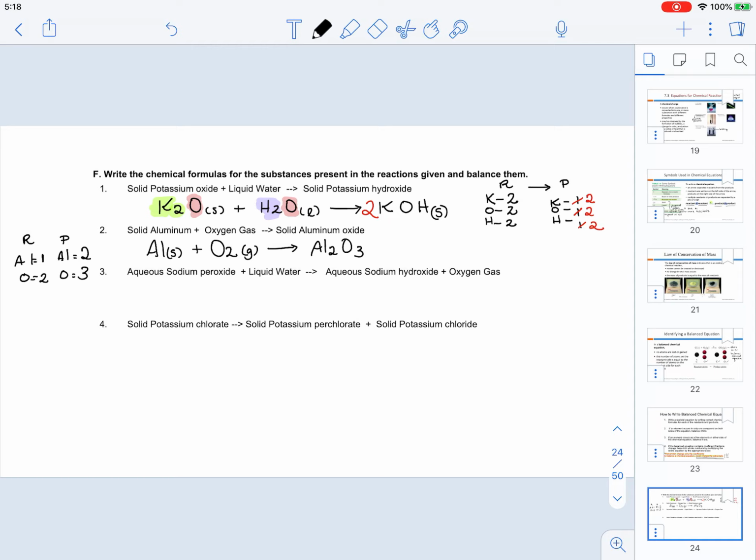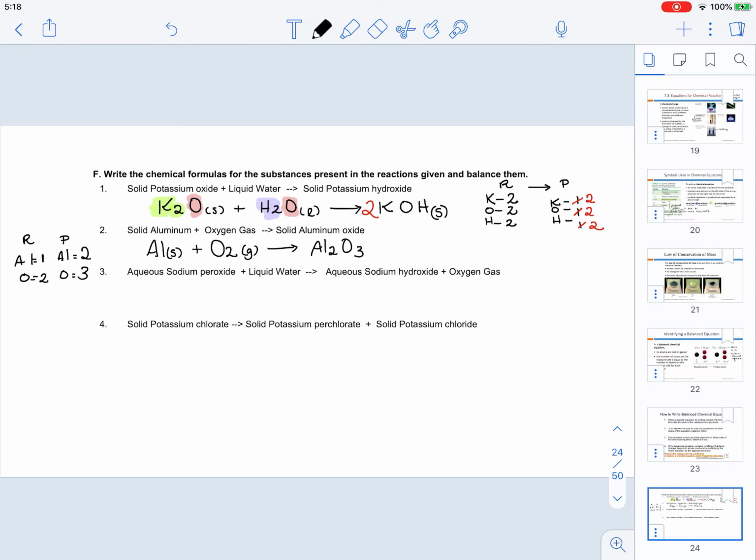So when it comes to this, one of the things that we can do is actually increase the overall number of our oxygens, because as you can see, the left side is going to be even, and then the right side is going to be odd. So let's just find a value that is common between 2 and 3.